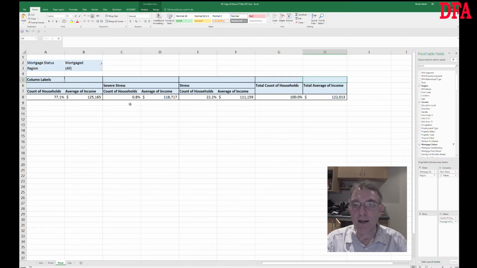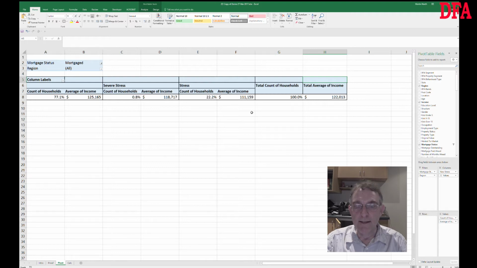It's worth highlighting that income is not a very good proxy for stress. If you look at the average income of households who are not in stress and compare it with those who are in severe stress or stressed, there isn't a huge amount of difference. The average of all incomes, and this is gross household incomes, is 122,000.